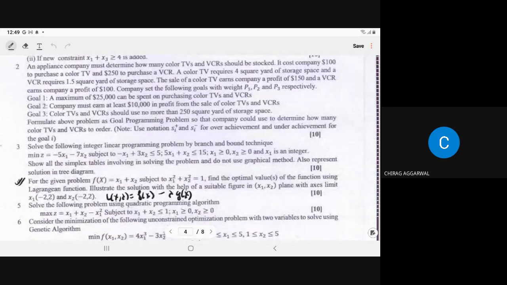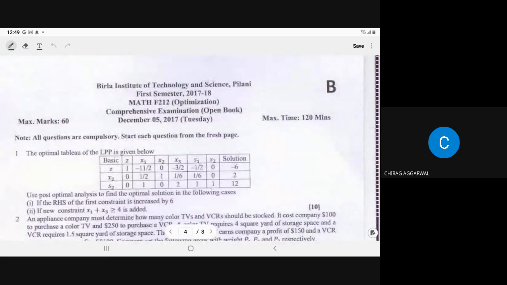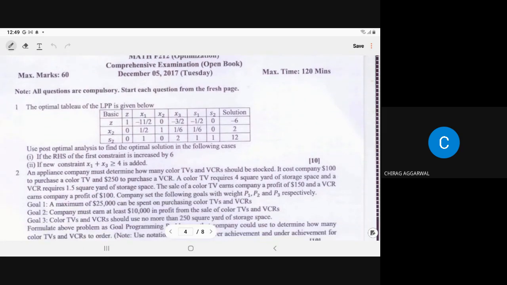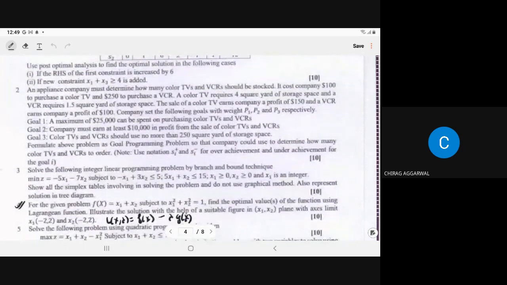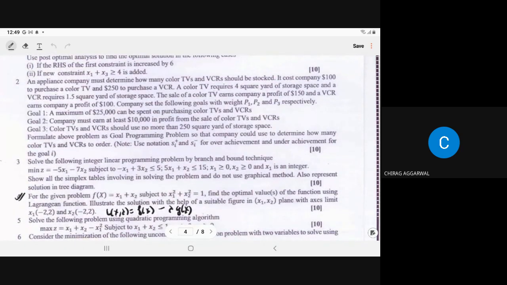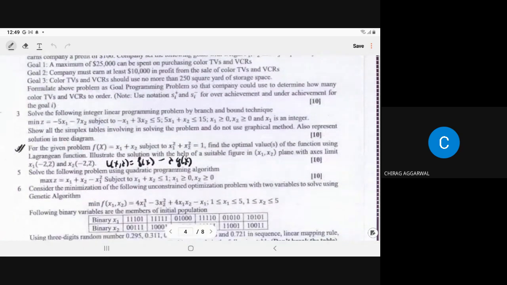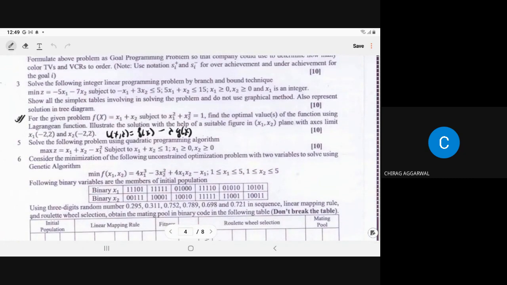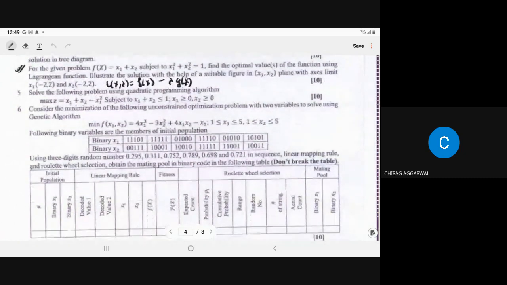And this is your subjective paper. The first question is from post optimal analysis, the second question from goal programming, the third question from ILP, integer linear programming problem, the fourth question from non-linear programming, the fifth question from quadratic programming, and the sixth question from GA.